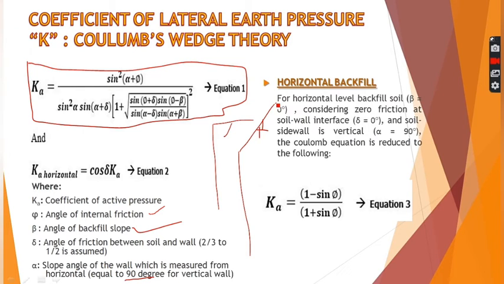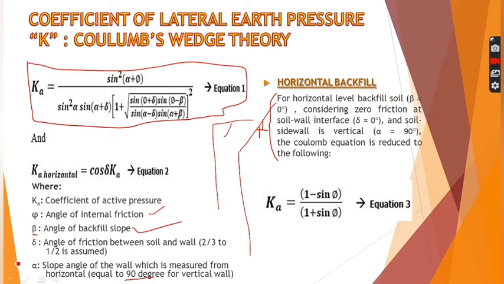For a simpler case, which may usually be given, consider horizontal backfill with zero friction, that is no friction between wall and soil. If we have horizontal backfill, then beta will be 0.